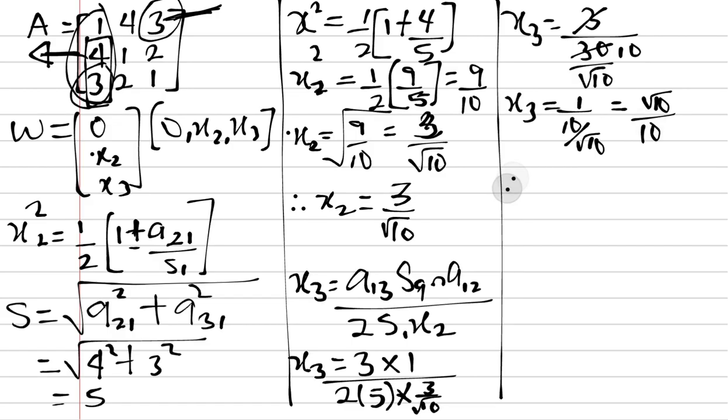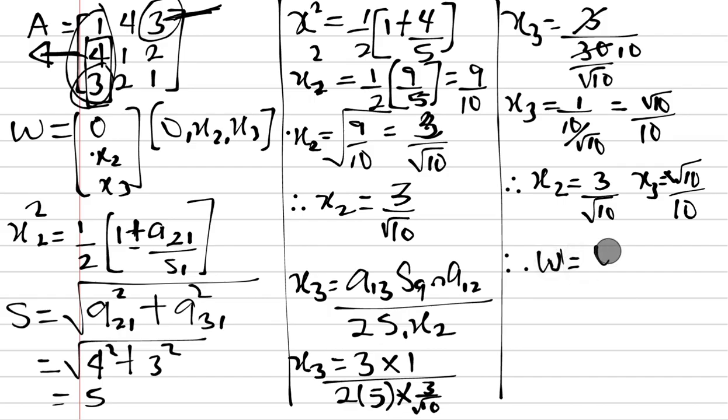So therefore you can see now that our x2 is 3 over root 10, and then our x3 is root 10 over 10. You see now, that means our w is now 0. Don't forget that it is of this form.